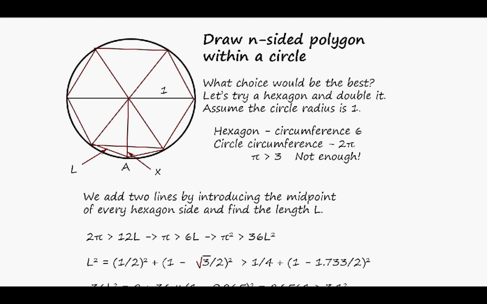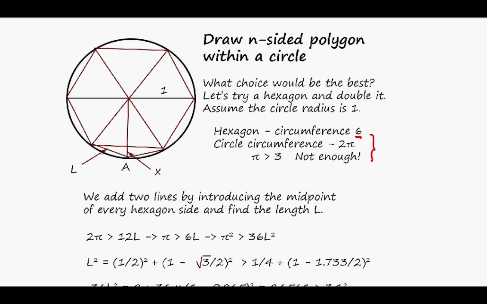And now let's look at what is the generally accepted answer for this question in Japan. Draw an n-sided polygon within a circle. When you make a hexagon, the circle circumference 2 pi doesn't prove this case, 3.0-something, right?